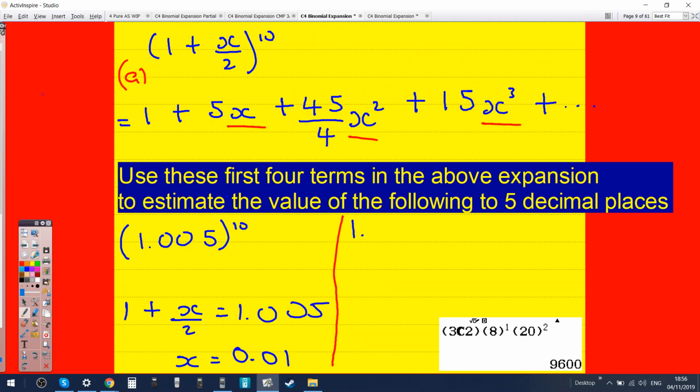Where did the x equals 0.01 come from for this one? So that came from equating the 1 plus x over 2 to the 10 to the 1.005, and that's what x became. Yes, and so you can use this expansion to estimate values. So if they said, okay, we've got 1.005 to the 10.